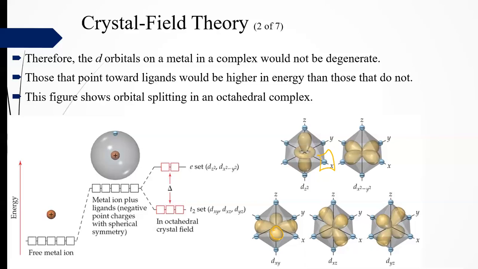That means that they're going to repulse the d orbitals that have electrons in them, because electrons do not like other electrons.